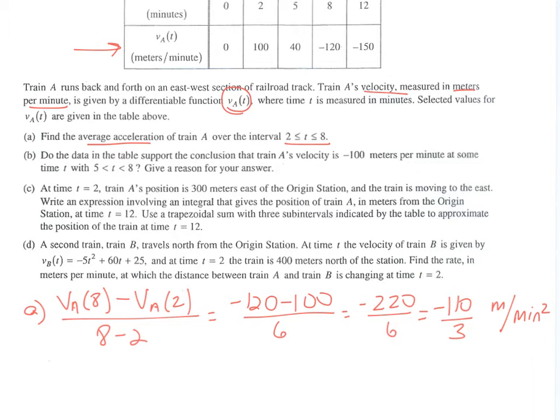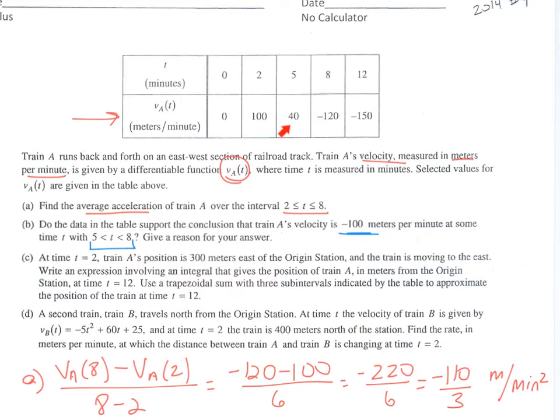Part B, let's see. We've got this possible conclusion that train A's velocity is negative 100 meters per minute at some time between 5 and 8. So let's take a look at these values between 5 and 8.